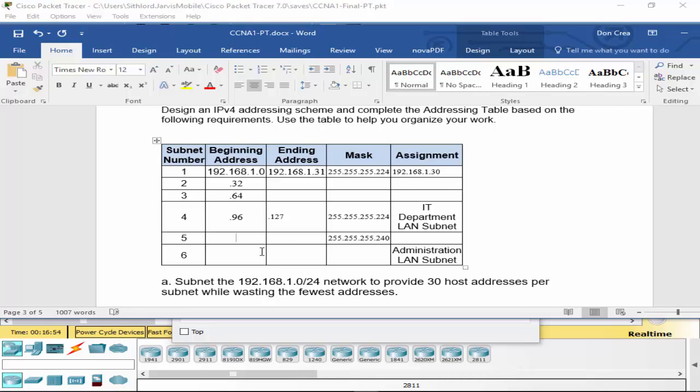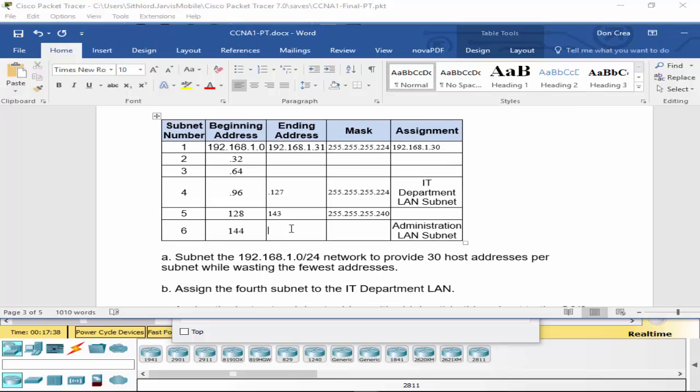So this one starts with 128, and its next network is, what is it? Okay, 16. What is it? 144, I believe. Yeah, that seems right. So this one ended at 143, and this one ends at 160.